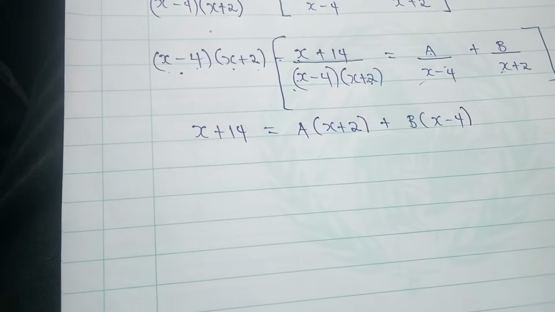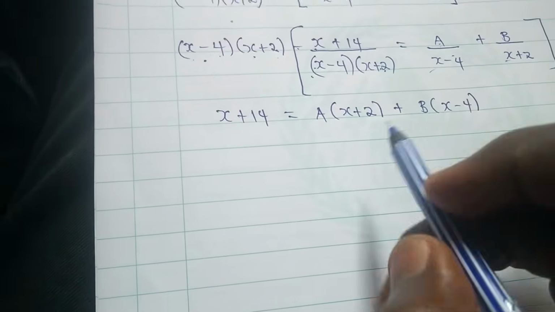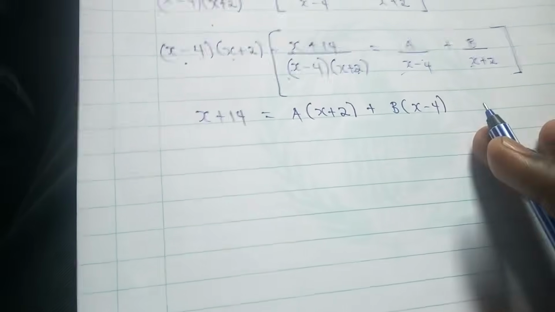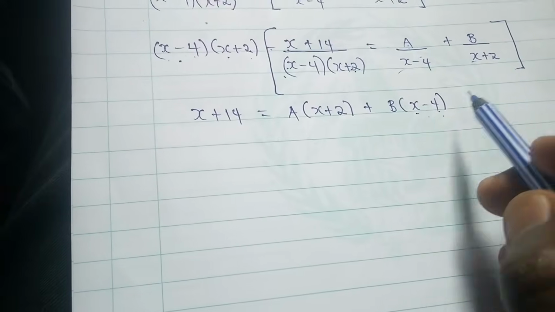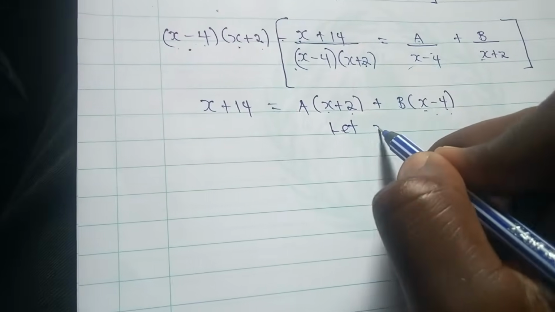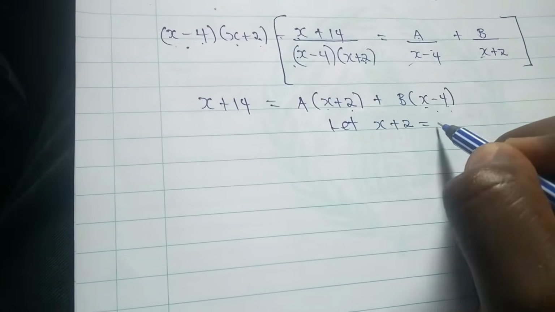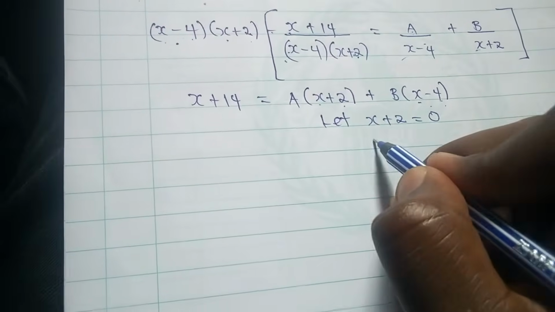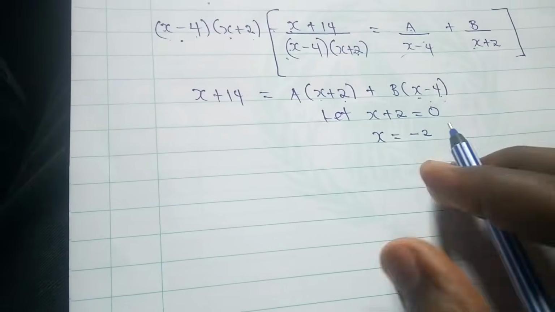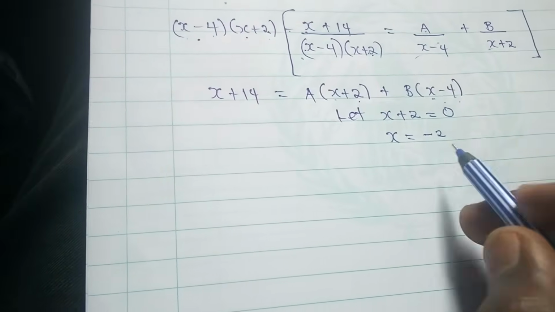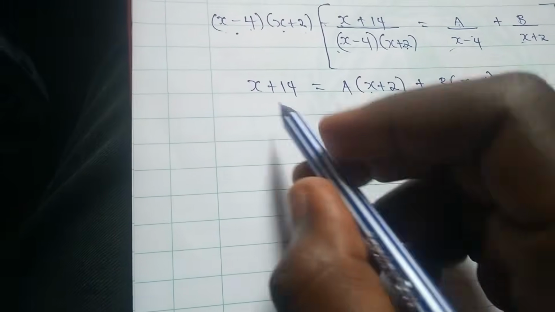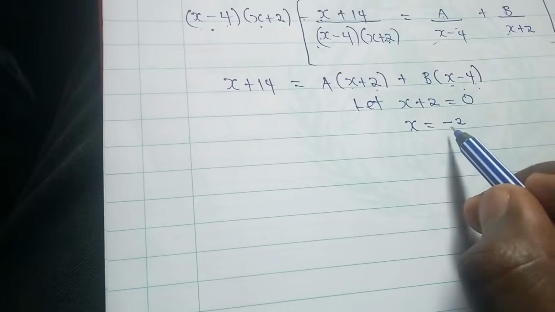At this stage, you make one of these factors equal to 0. So equate one of the linear factors you have been given to 0. Let x + 2 = 0, so x = -2. This -2 that you have found, you replace in the same equation, so where there is x, you put in -2.